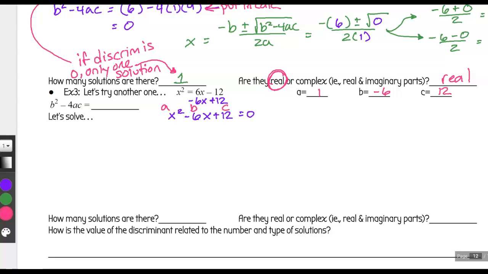What do I do first? And what's my b? Minus 4 times a. What's my a? And what's my c? And what do I do with this?